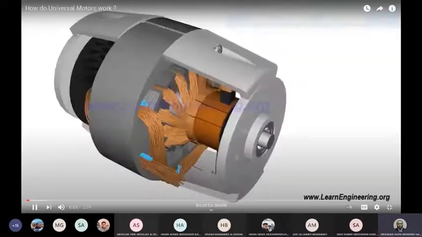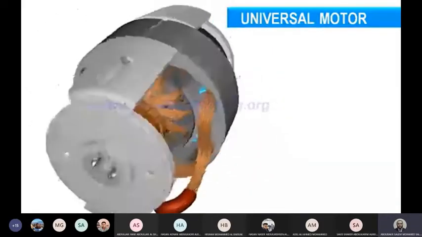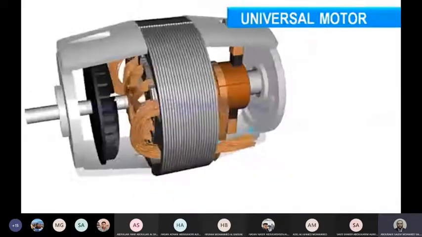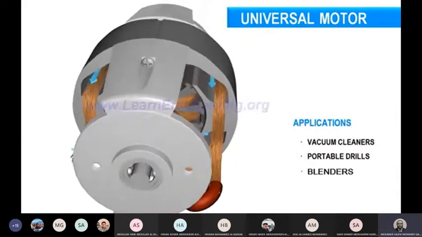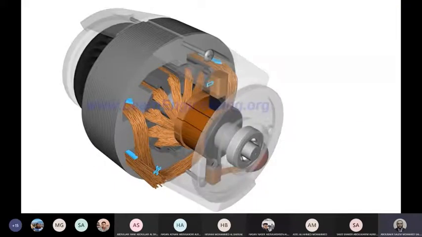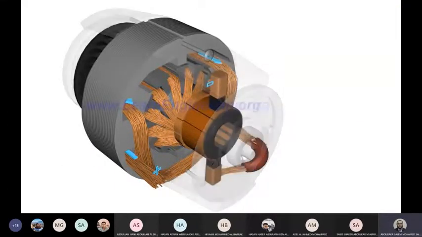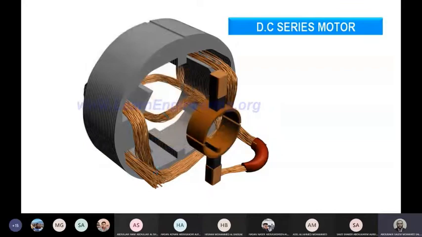Universal motors. They are capable of running under both DC and AC power supply. This unique feature makes them preferable for many special types of applications. A universal motor is a specially constructed DC series motor. Let's consider a simplified series motor.